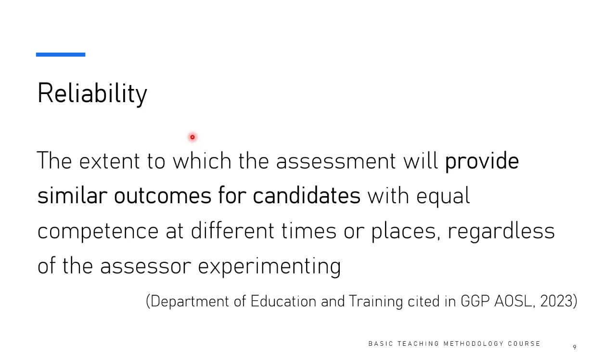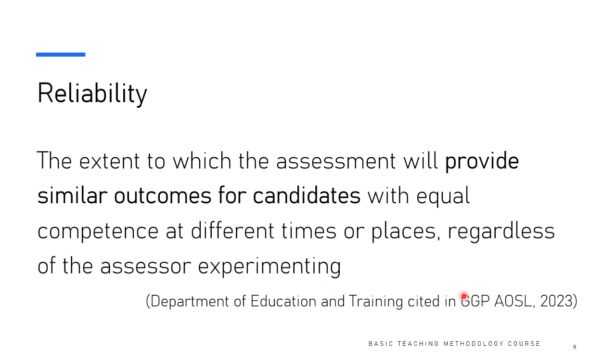Now the second principle is reliability. Reliability refers to the extent to which assessments will provide similar outcomes for candidates with equal competence at different times or places, regardless of the assessor.